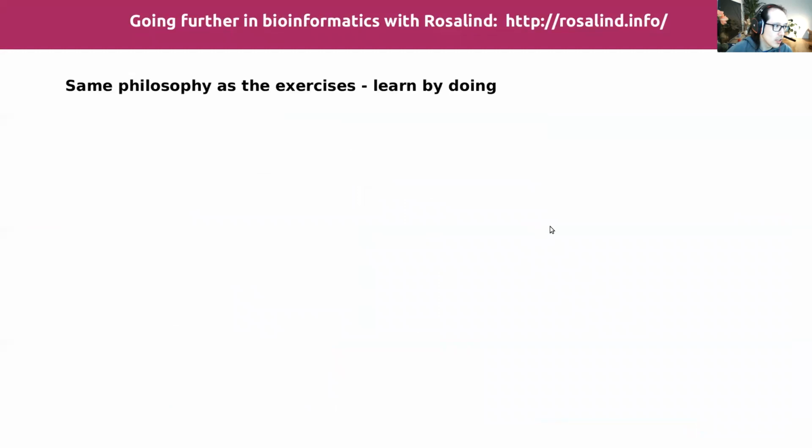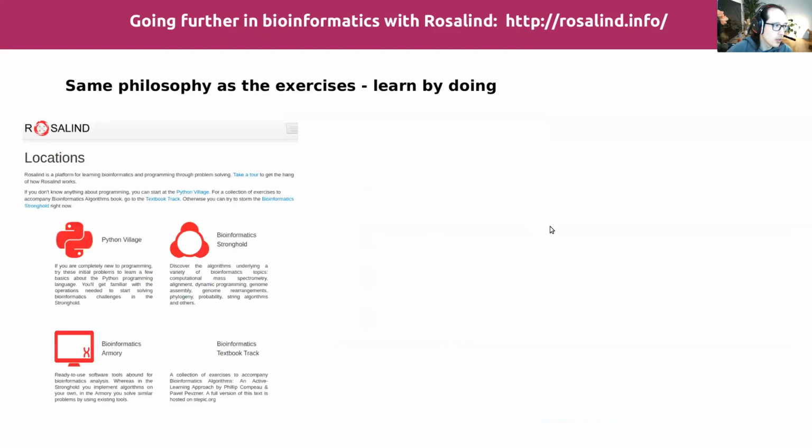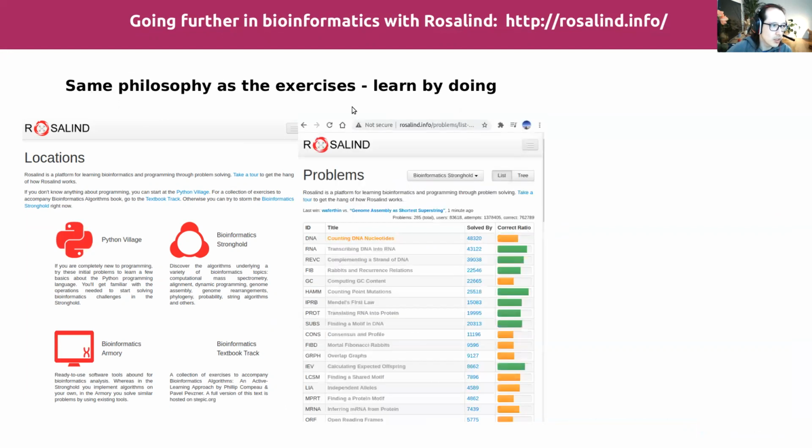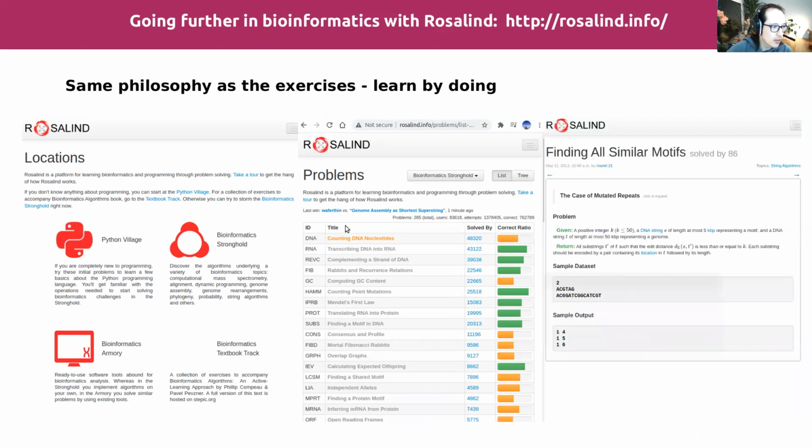Another recommendation is something called Rosalind for bioinformatics, and this has the same philosophy that we've been pursuing in the exercises, which is that you can learn this material by trying to do it yourself. So Rosalind is a set of problems basically related to bioinformatics, and some of them are harder than others.